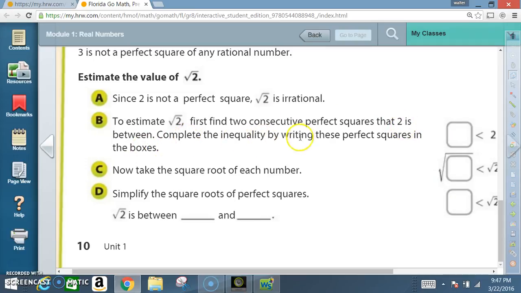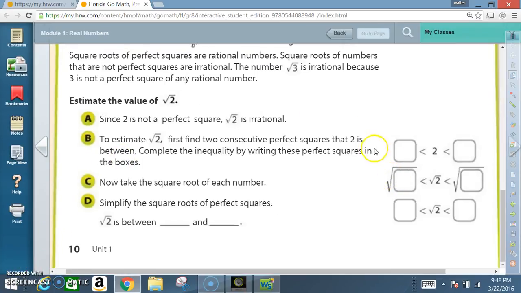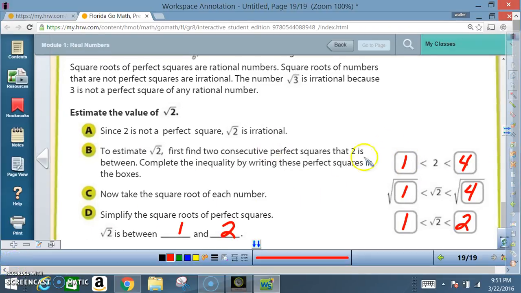Complete the inequality by writing these perfect squares in the boxes. Alright, so the square root of 2 will lie between the perfect squares for 1 and 4.